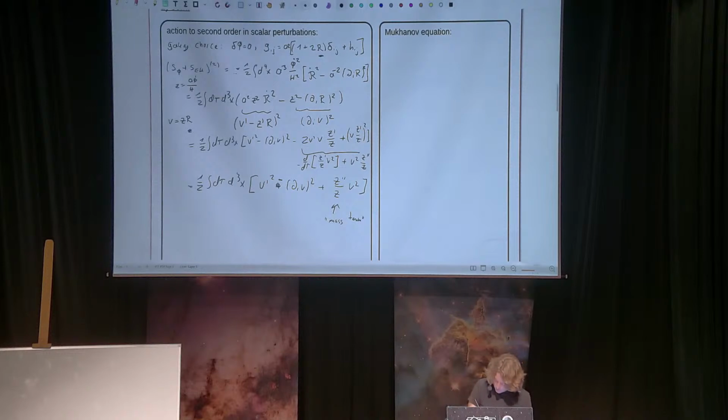So we do a Fourier expansion: v(τ, x) is ∫d³k/(2π)³ times the Fourier coefficient v_k(τ) e^{ik·x}.